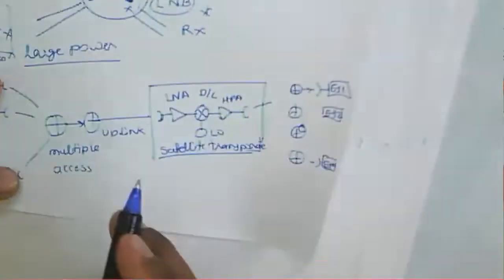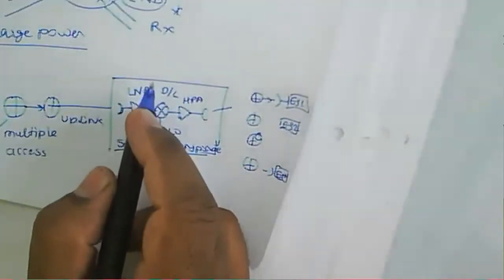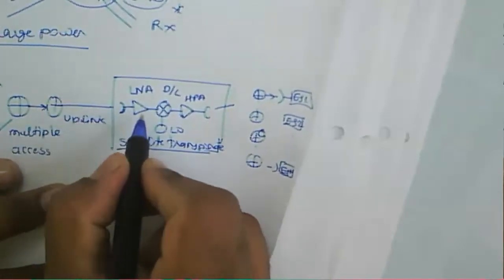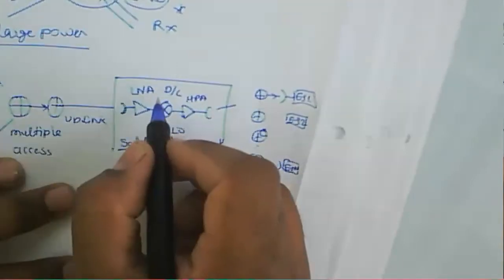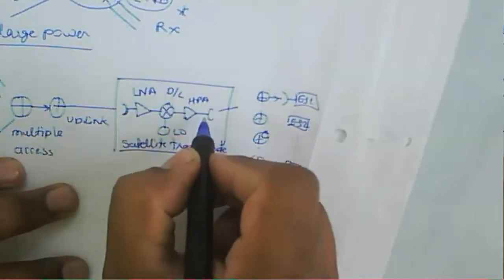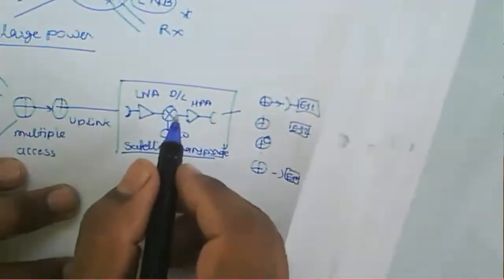So then whichever signal is received by the satellite from the earth station, they have the low noise amplifier, and then the down conversion, and after that it will be transmitted to the earth station there.